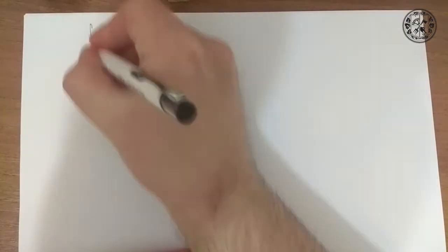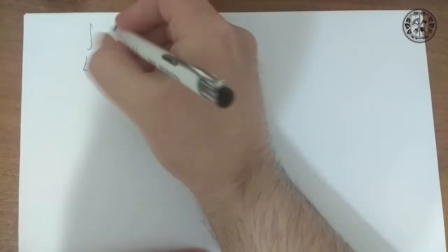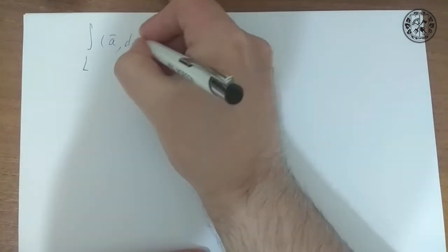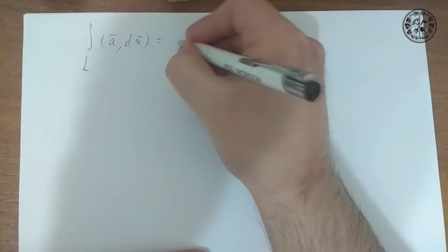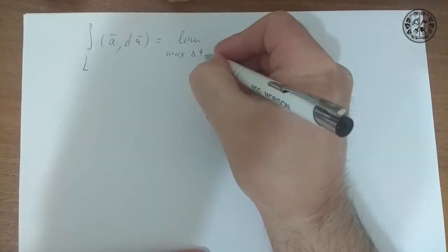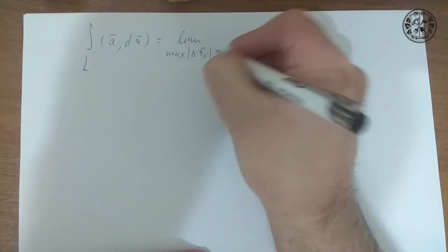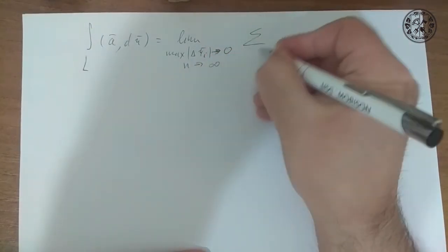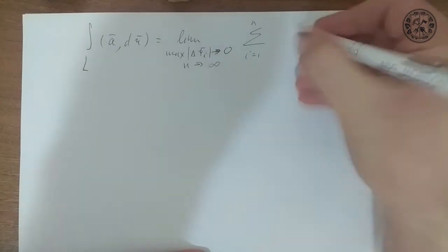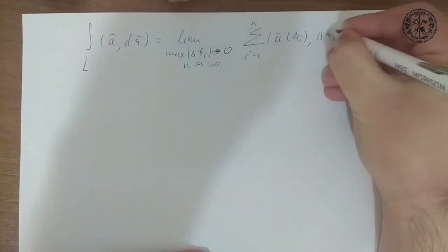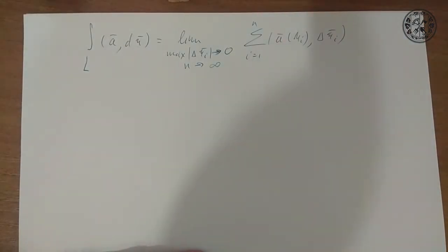The integral over line L of function A by differential of r is the limit, as the maximum of delta ri tends to 0 and n tends to infinity, of the sum for i from 1 to n of A of Mi by delta ri, scalar multiplication.